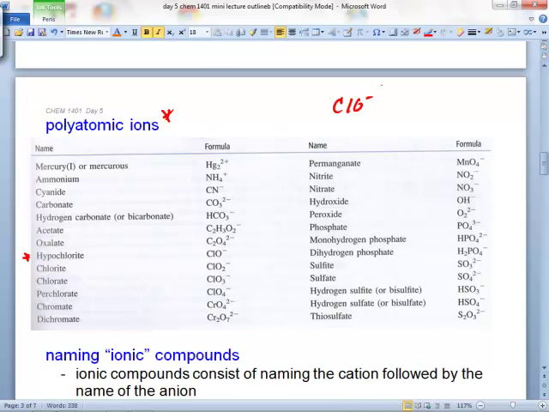And this is kind of where we're heading. Then we're going to put sodium in front, and learn how to write these compounds. That would be sodium hypochlorite. But anyway, we need to know the parts before we can start putting together the puzzle. So we need to know the names and formulas of all that stuff.